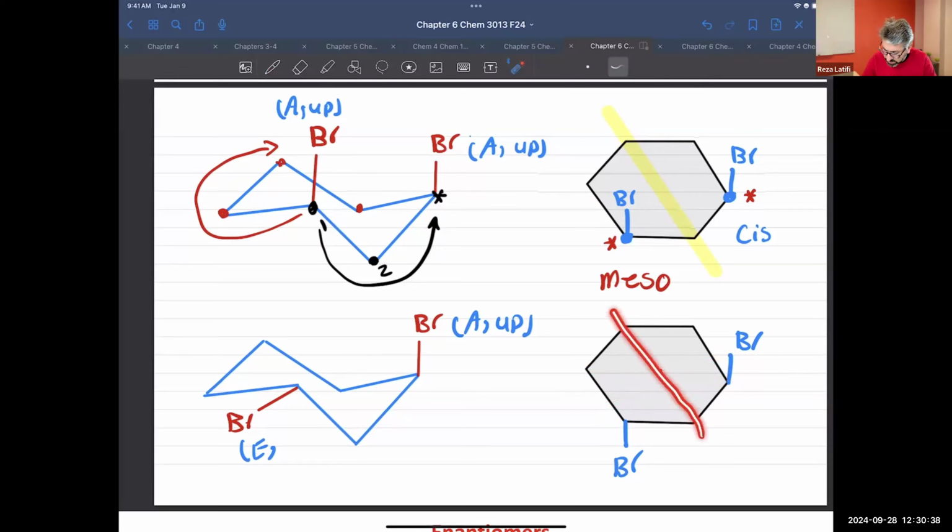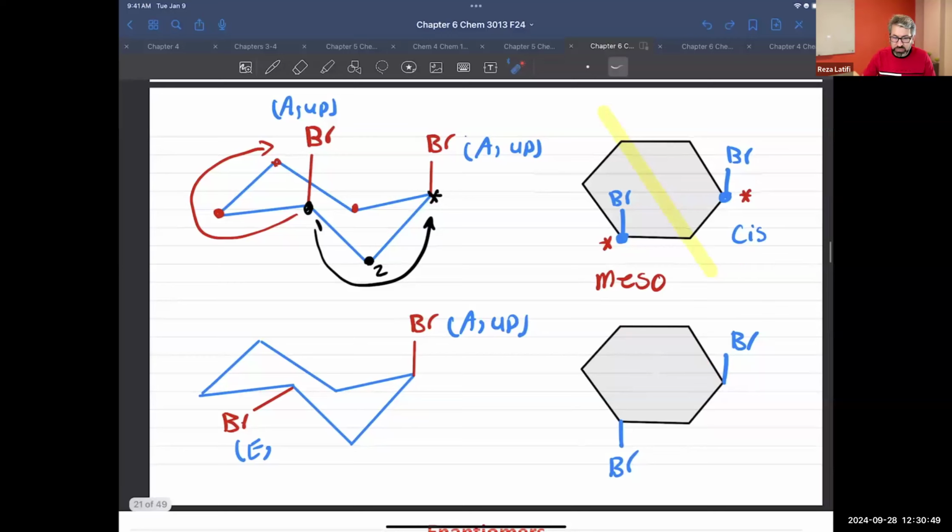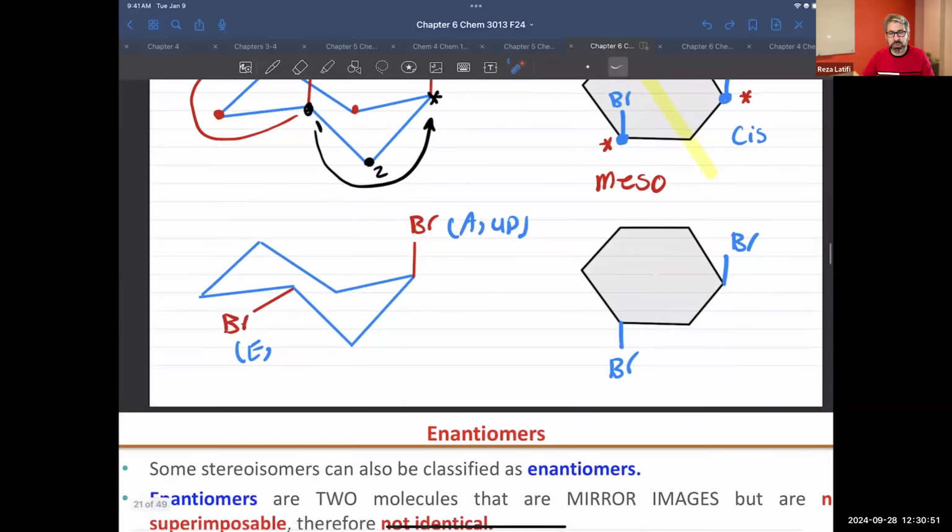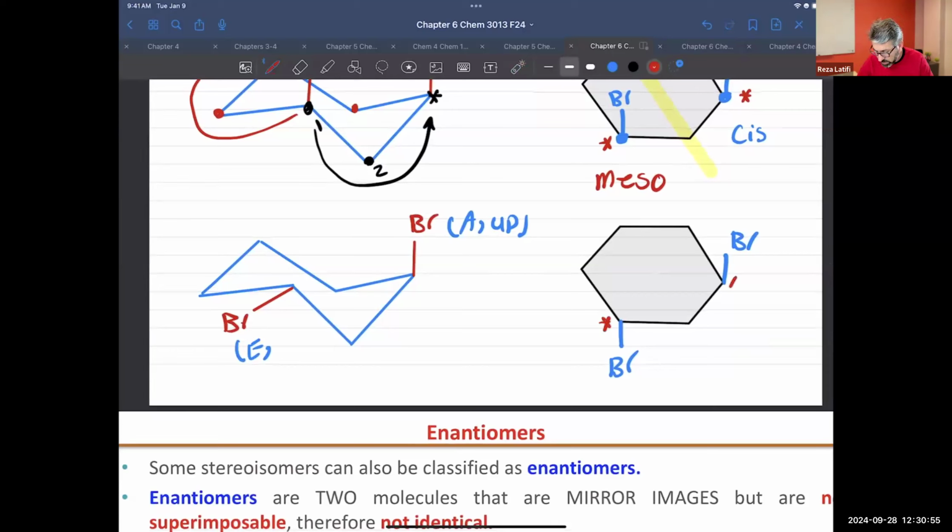If you put the plane of symmetry here, it will mirror bromine in this position. Bromine should be pointing up. And I don't see it. So there is no inversion center. There is no mirror plane of symmetry, but we do have chiral centers. So this molecule will be trans and is chiral.